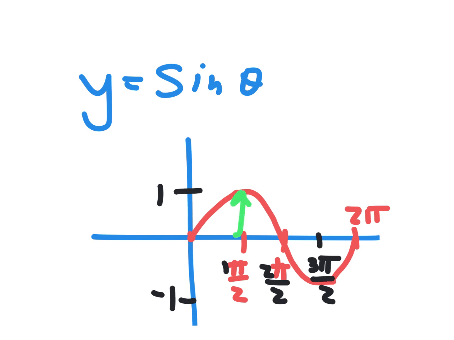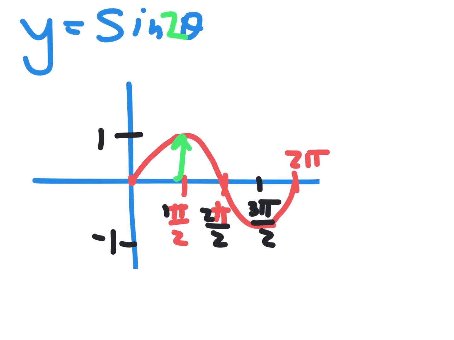And now if I threw in a 4 here, it wouldn't make it 4 times wider. It would shrink it and make it 4 times narrower. And I'm going to change that to a 2 just because it's so much easier to make it half as wide. Then it would make the complete cycle finish by there.